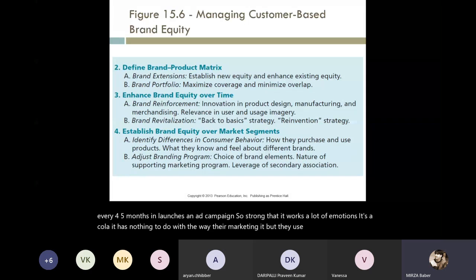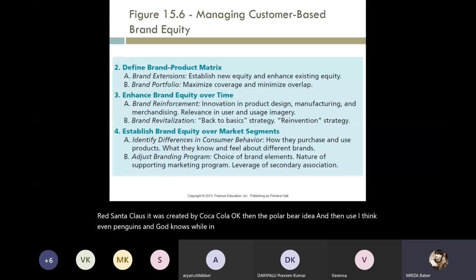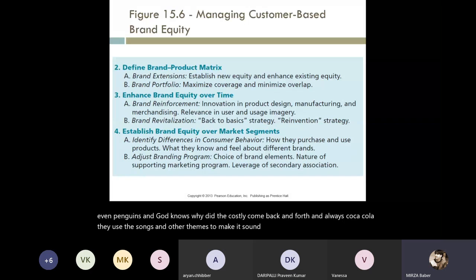The round, fat, red Santa Claus was created by Coca-Cola. Then the polar bear idea, and I think even penguins, and they constantly come back and forth, always with Coca-Cola songs and other themes to make it sound like it's forever. That's revitalization. And reinforcement is kind of similar.